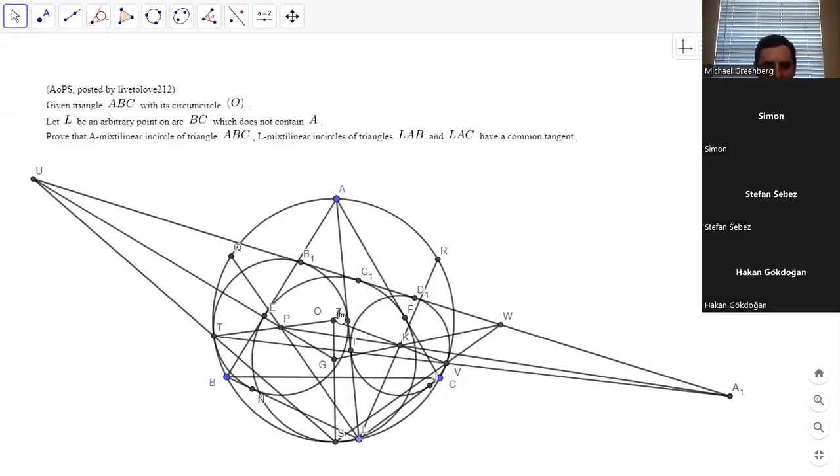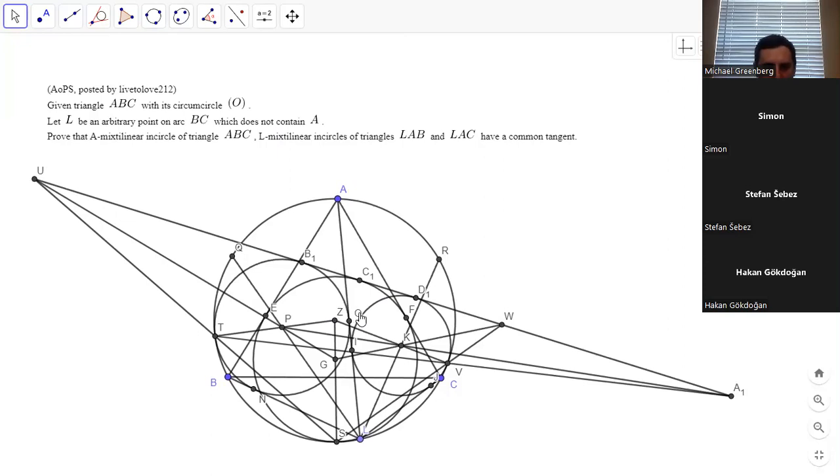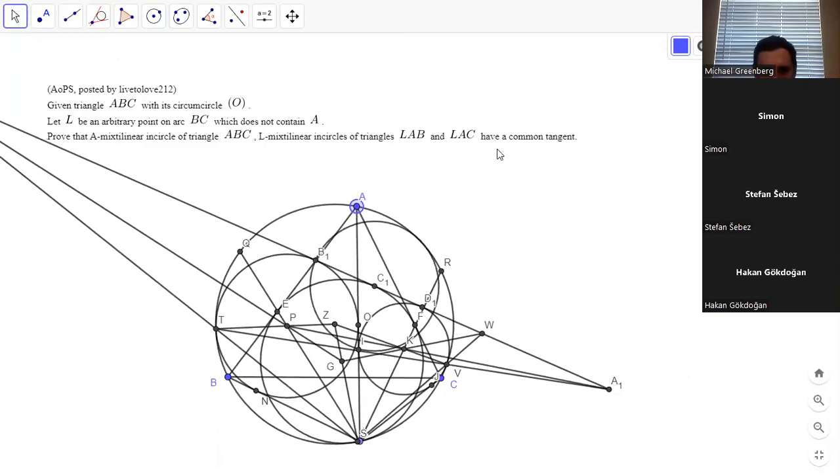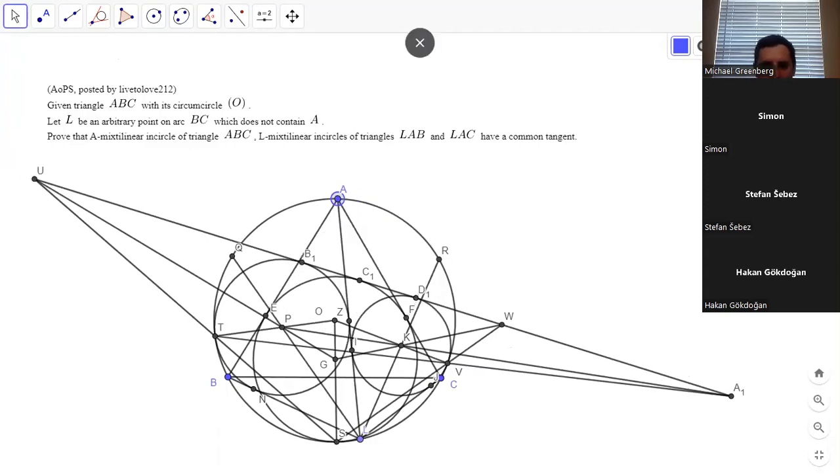Z is the center of the bigger circle. If this could C1B1 equal C1B1, no. I think they're a little bit different there. And again, Z and O get swapped.